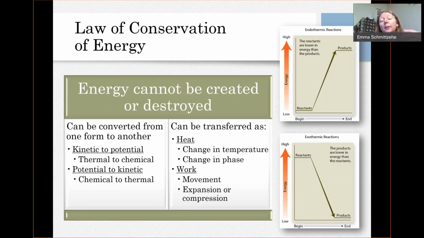Okay. On the other hand, you can have some reactions that actually release heat as they convert reactants to products. And if that's the case, then the reactants have a higher energy than the products, because some of that energy is leaving the system in the form of heat.